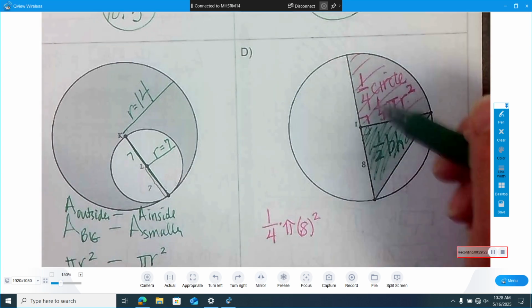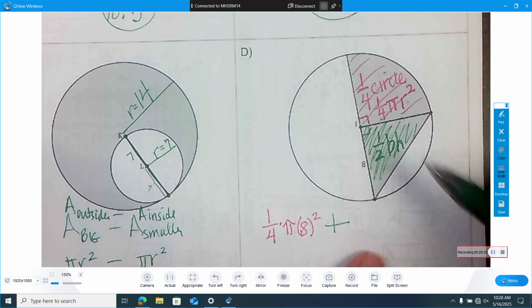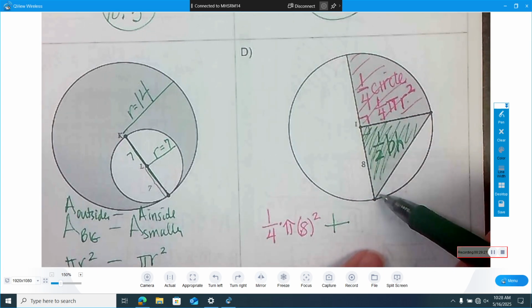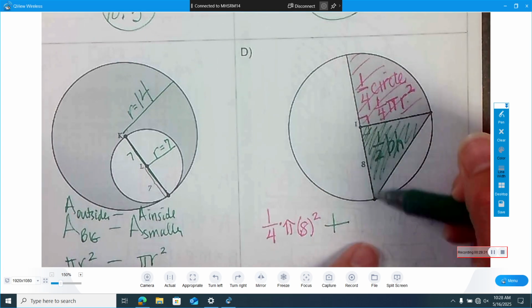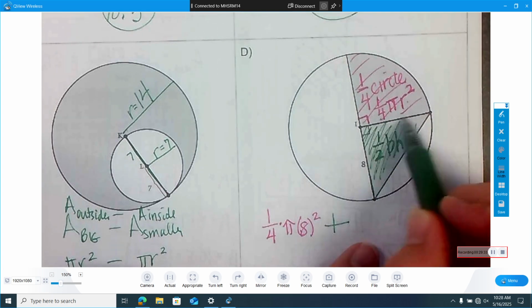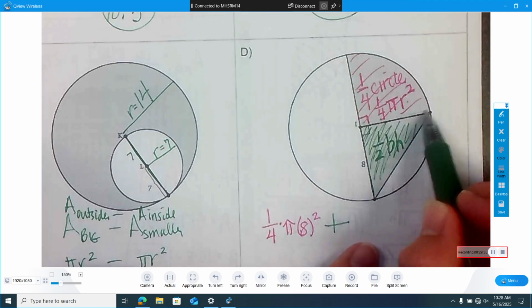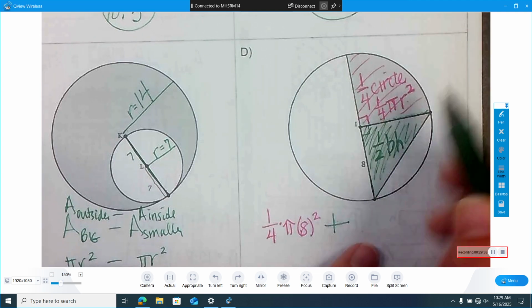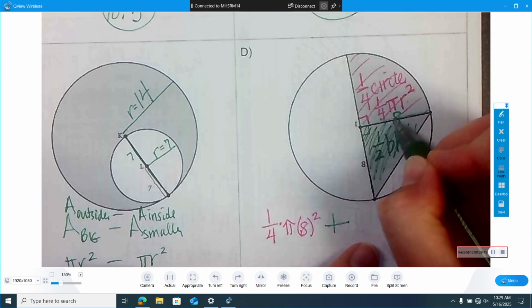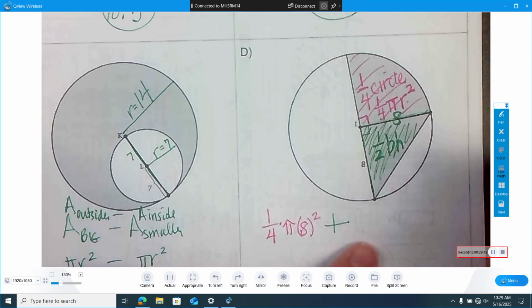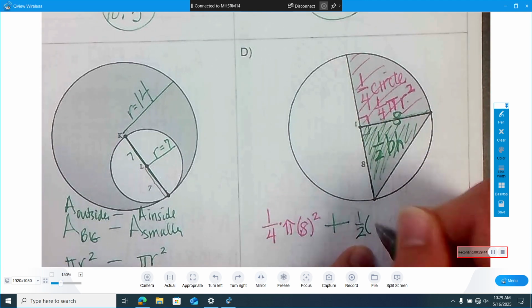So that gives me the pink area, and then all I have to do now is add in my green area. If this is 8, that's like the base of my triangle. What's the height of my triangle? It is also 8. Yes, it is, because it's yet another radius. So that's going to be 1/2 the base of 8 times the height of 8.